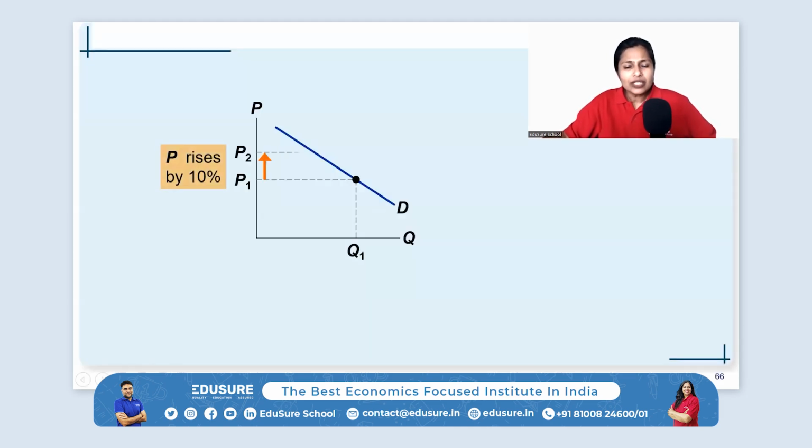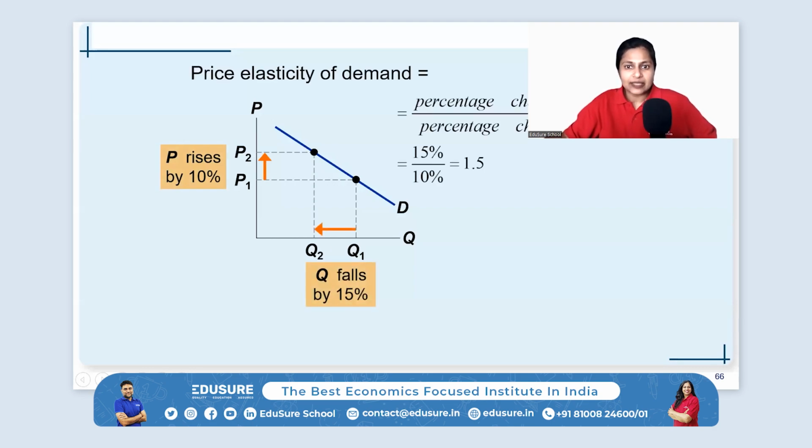Okay. Now let's go on to calculate elasticity. If price increases by 10%, quantity falls by 15%; the percentage change in quantity is 15%, the percentage change in price is 10%, so elasticity is 1.5. Now there is a negative sign here. Why a negative sign? Because if price increases, then quantity falls. It is a negative relation, so actually there is a negative sign.